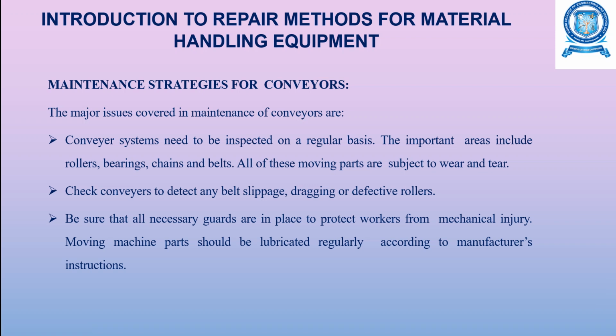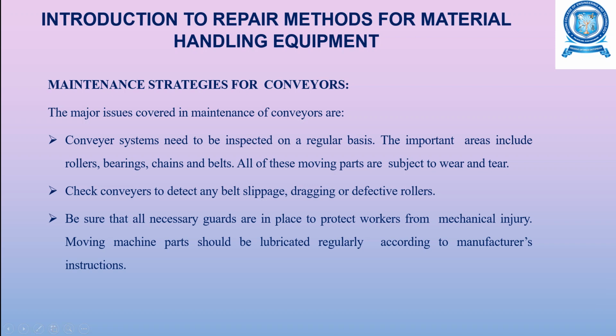So, maintenance strategies for conveyors. Normally the issues covered in maintenance of conveyors are that conveyor systems need to be inspected on a regular basis, and most of the areas where inspections are required include rollers, bearings, chains, and belts, because these moving parts are mostly subjected to wear and tear.